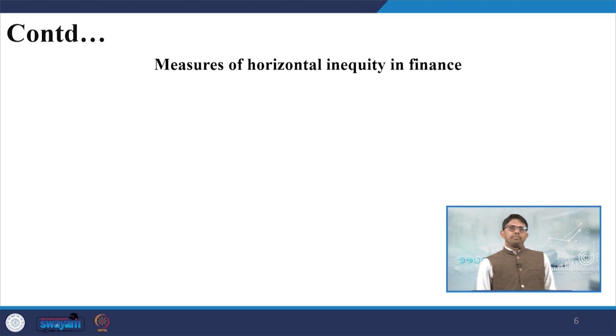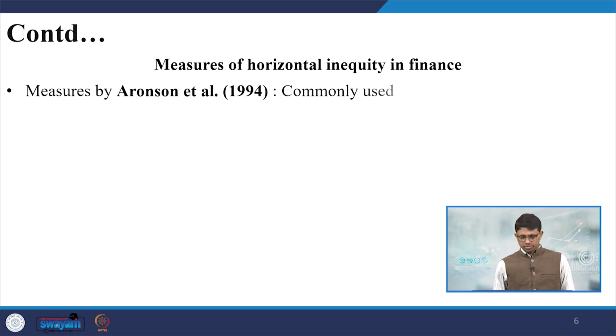So, there are different measures of horizontal inequity, especially in finance, mentioned by Aronson et al., and this is commonly used.